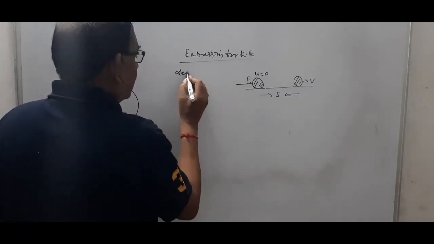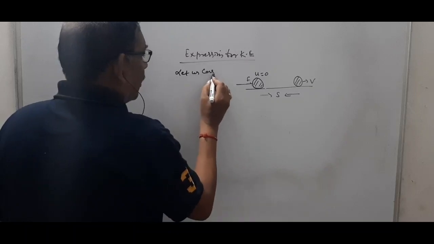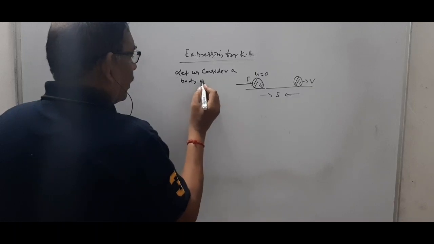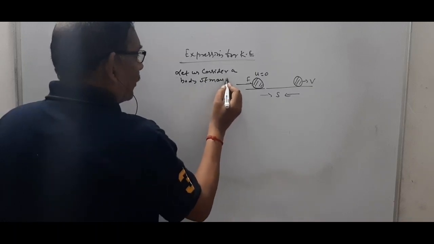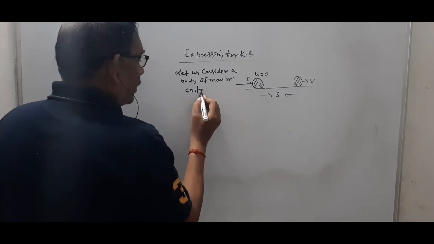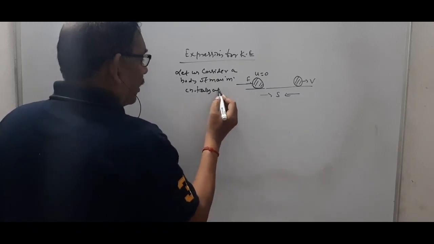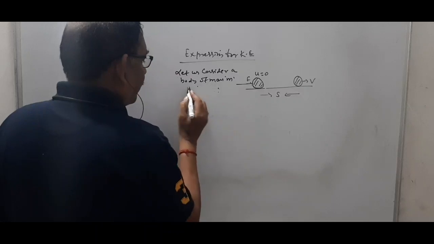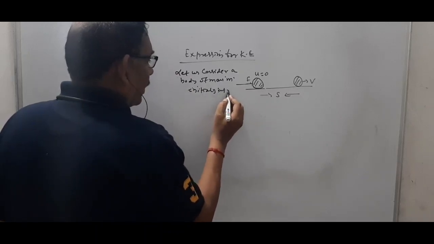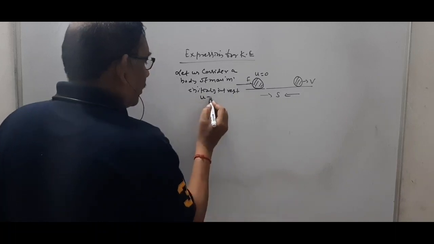Let us consider a body of mass m initially at rest. It means u is equal to 0.